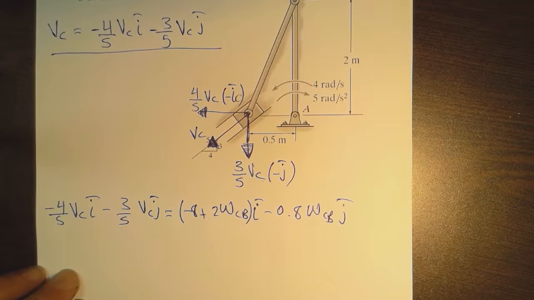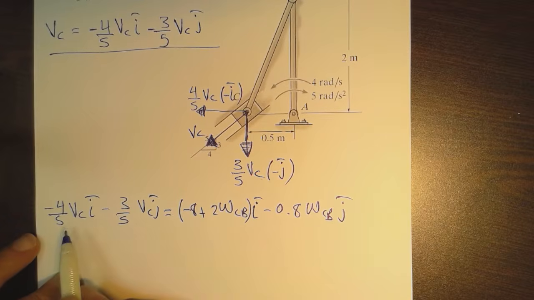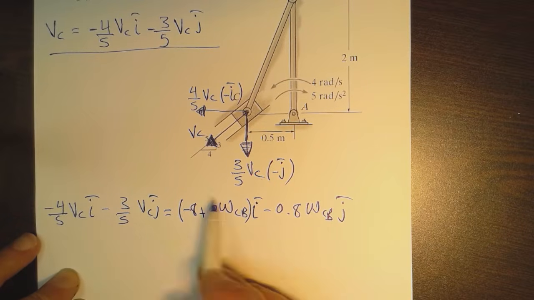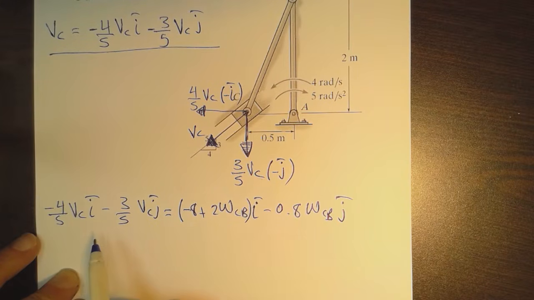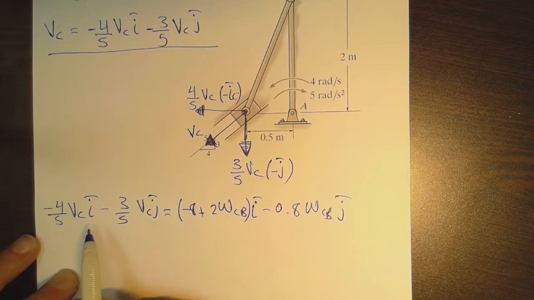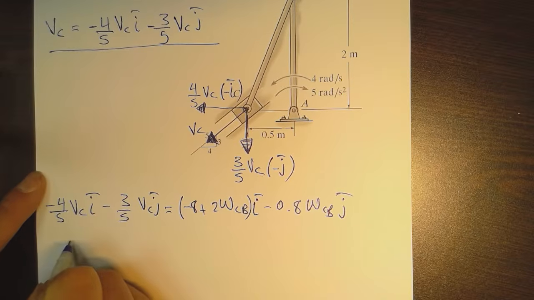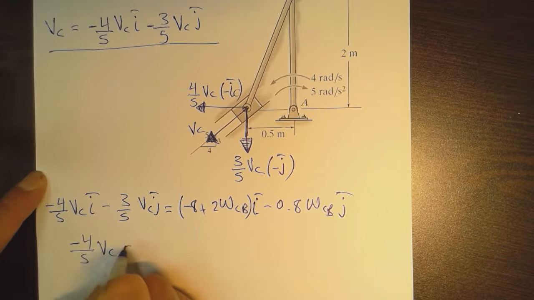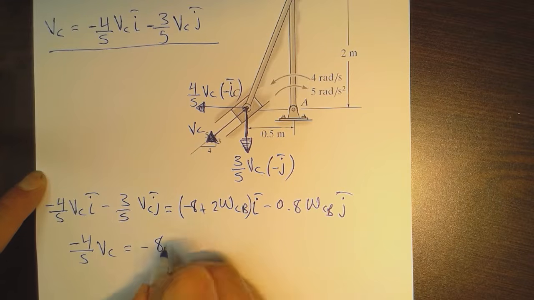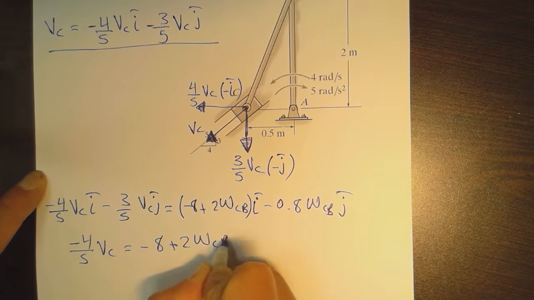Now here we have two unknowns, VC and omega CB. To solve for this, we need to equate the i components together and the j components together. So we say minus 4 over 5 VC equals minus 8 plus 2 omega CB. This is the first equation.